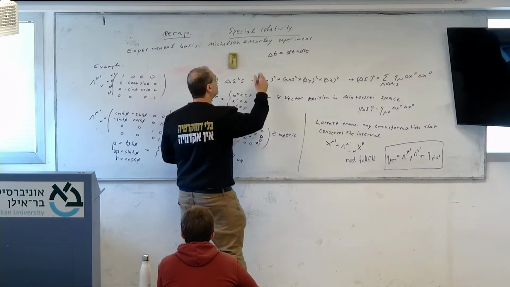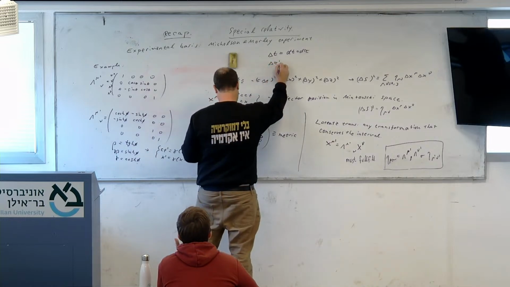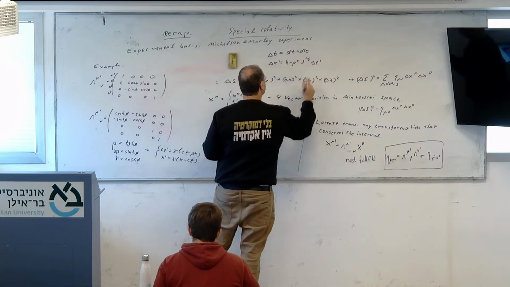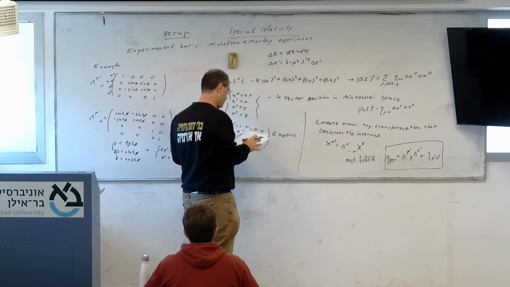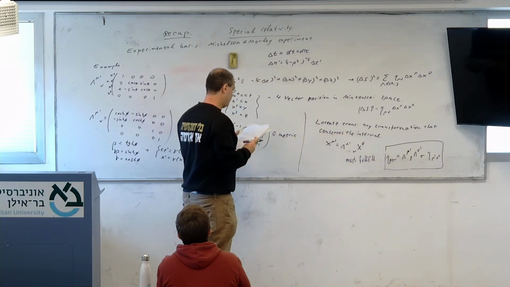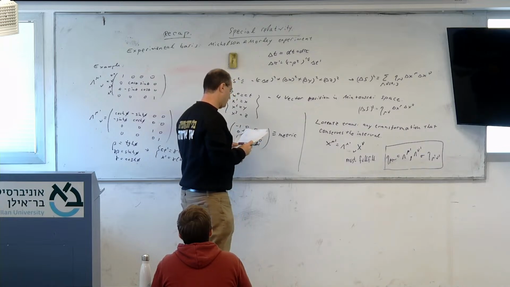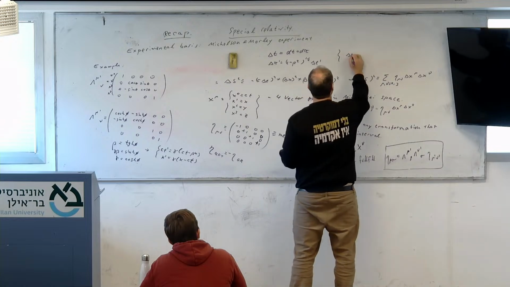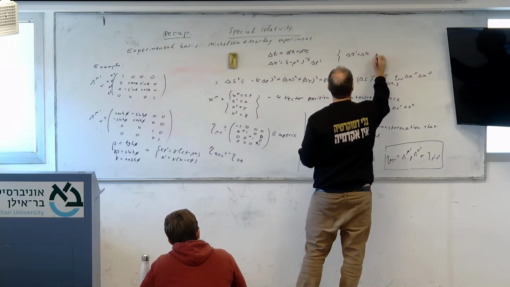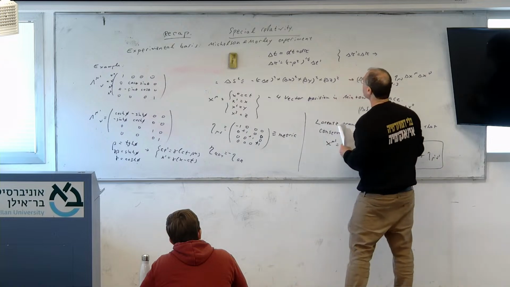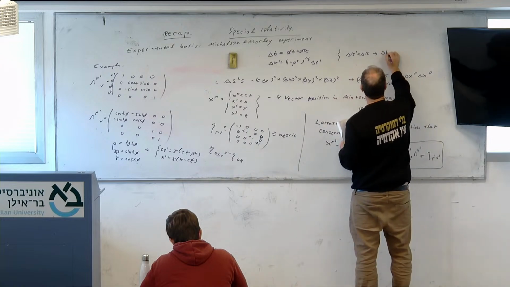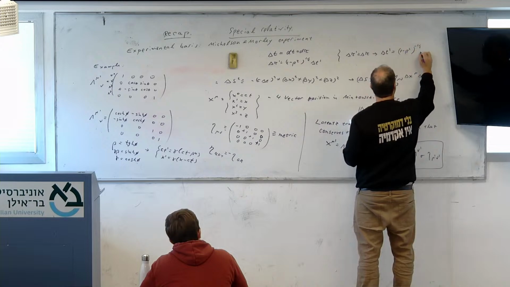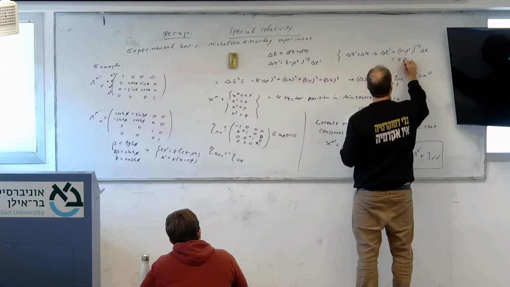Relative to you, delta tau prime is (1 minus beta squared)^(1/2) delta t prime. Since d tau prime is equal to d tau, then we get that delta t prime is (1 minus beta squared)^(-1/2) delta t, which is gamma delta t.